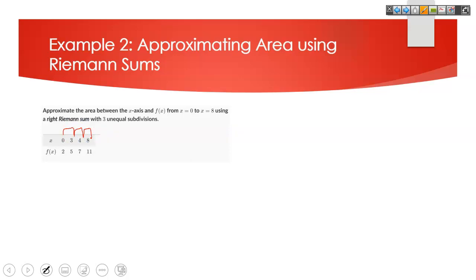You need the base of each, which is the difference between them. And then, because we're doing a right Riemann sum, we're going to take all the base widths and pick the right heights.